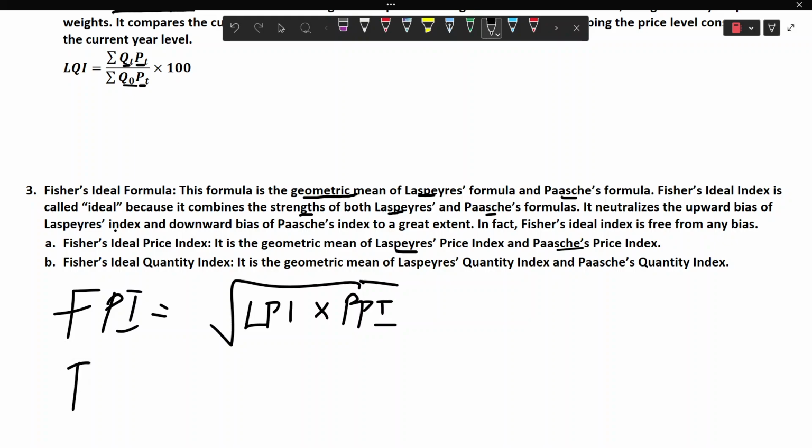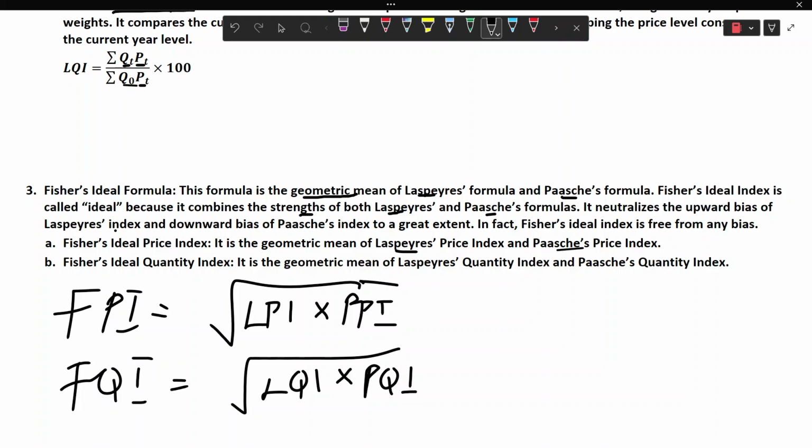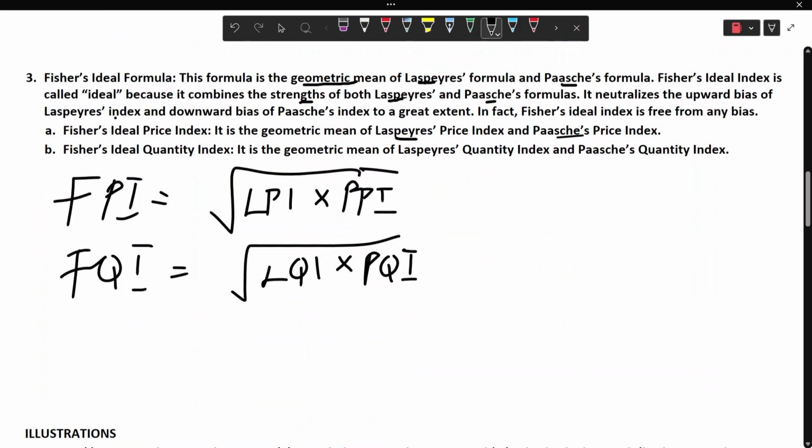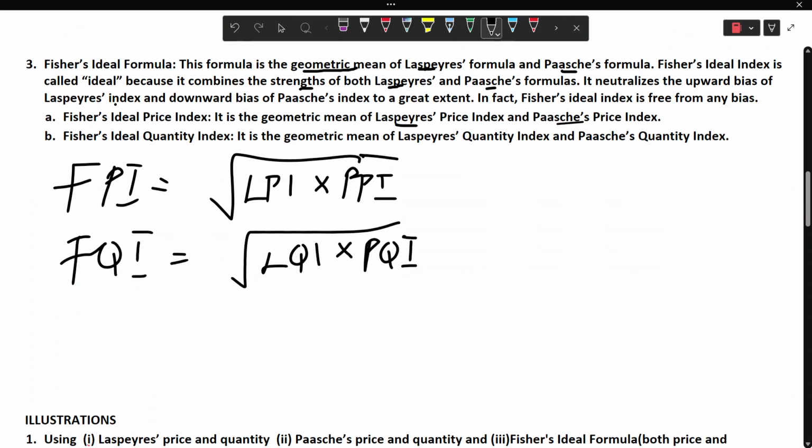For Fisher's quantity index, it is the geometric mean of the Laspeyres quantity index multiplied by the Paasche quantity index.